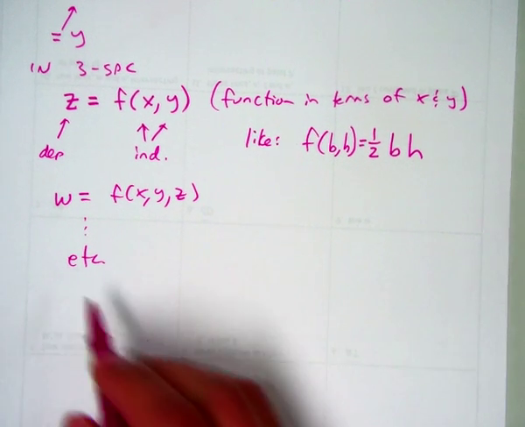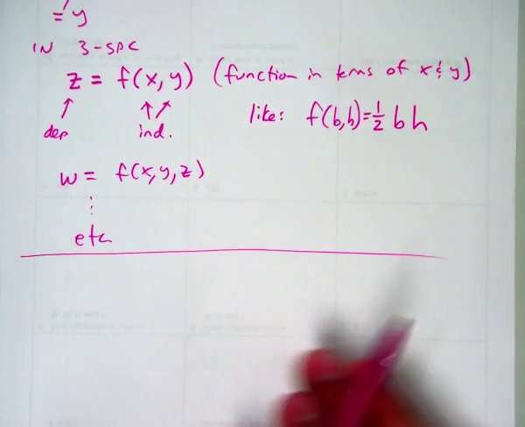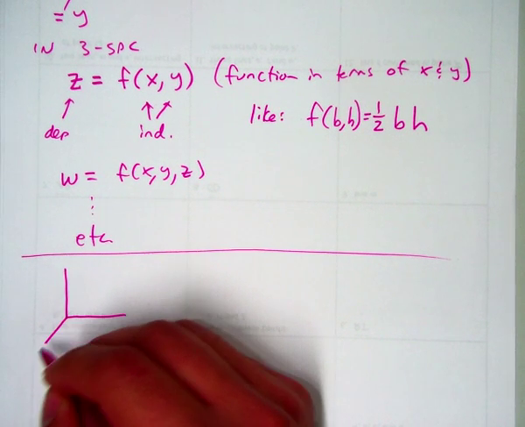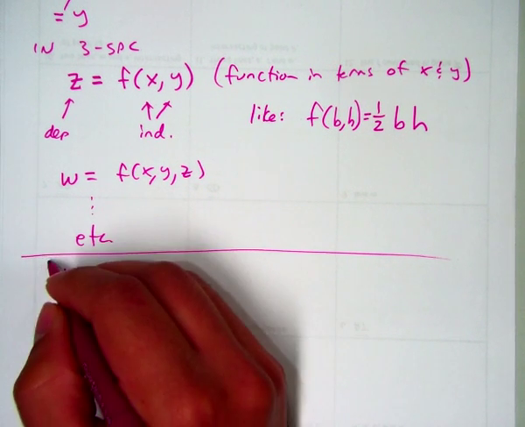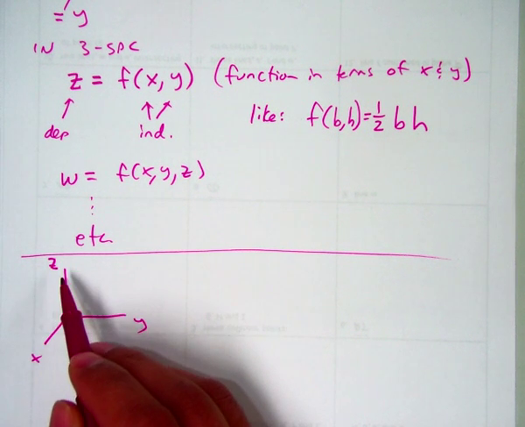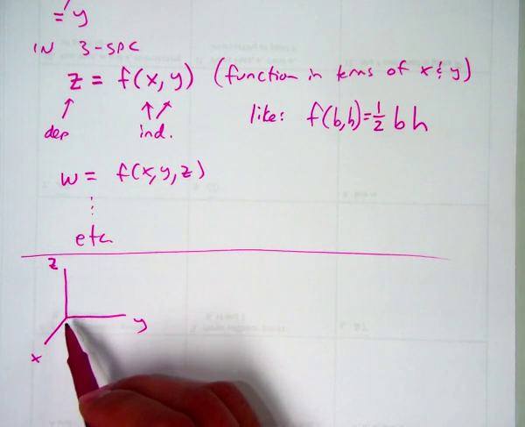Now typically, and now this is why mathematicians like our 3D axis the way we have it. We like the dependent variable being this z-axis. For one, usually the graphs are easier to sketch.